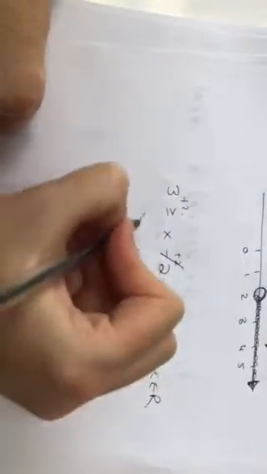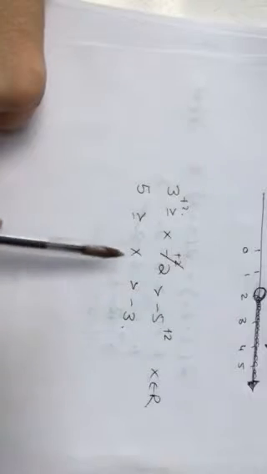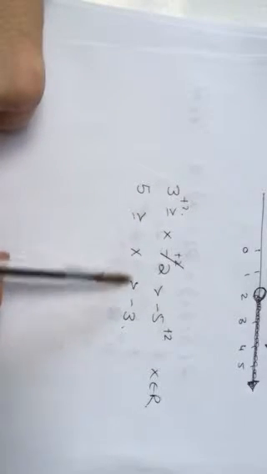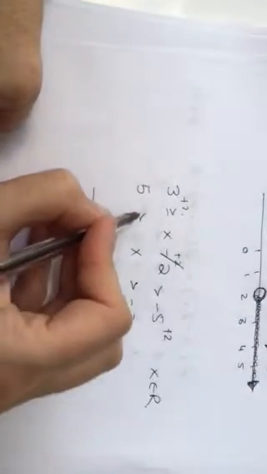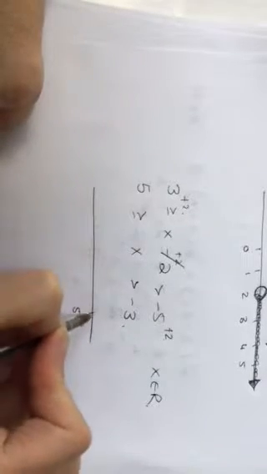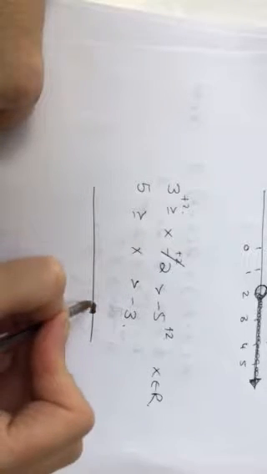And I end up with x, 5 there, and a minus 3 there. And it's just about being able to read this. X must be less than 5, but it has to be greater than minus 3. So any number less than or equal to 5. So it can be equal to 5, and it can be any real number less than 5.